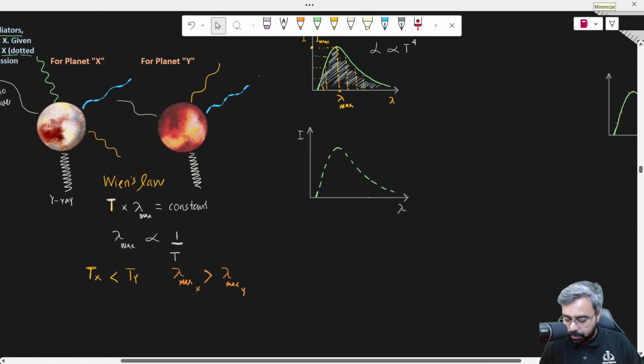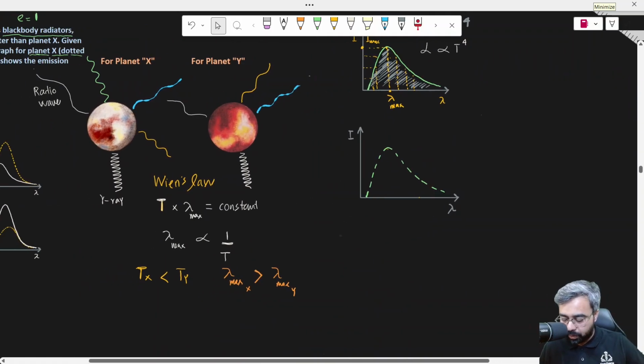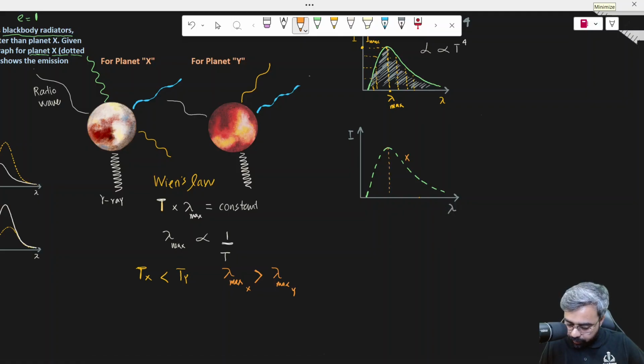I'm going to compare the two. Let's say this is the graph for X, and this is the wavelength for X, lambda X. What we have learned is that the wavelength of X must be larger, and secondly, the temperature of Y is more. That's why planet Y must release more energy, so it should have more area under the curve.